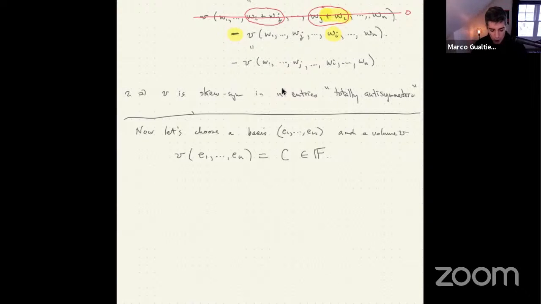So now that we know the volume of the basis, let's figure out the volume of an arbitrary list of n vectors. So let's take vectors x1, x2, all the way to xn.